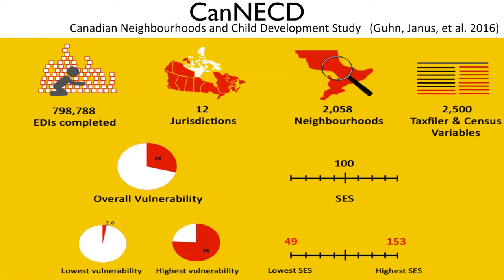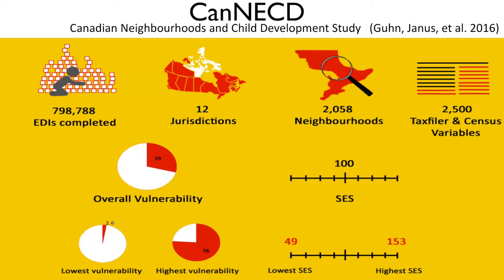But if you look underneath that, the difference between the neighborhood with the lowest vulnerability and the highest is huge. It's over 70%, 70.6. So really that one number, which quite often people ask for, give me one number about the statistics of child development, yeah, we can give you that, but way more information is in that difference.